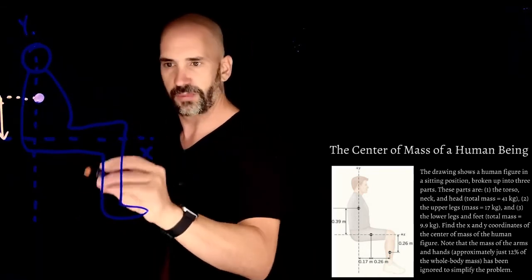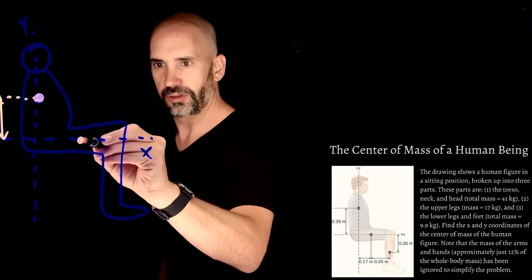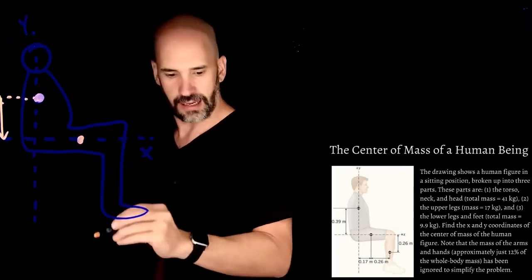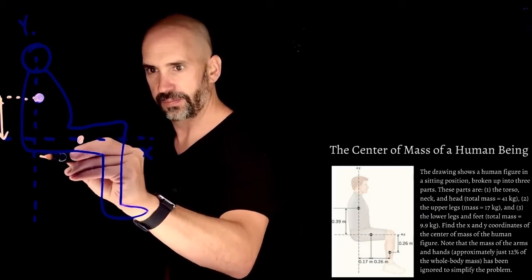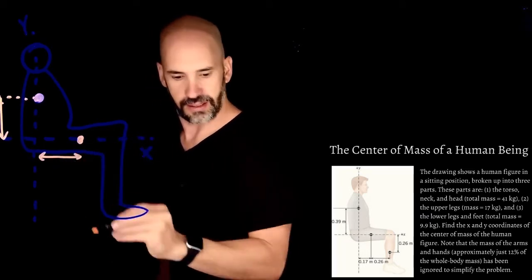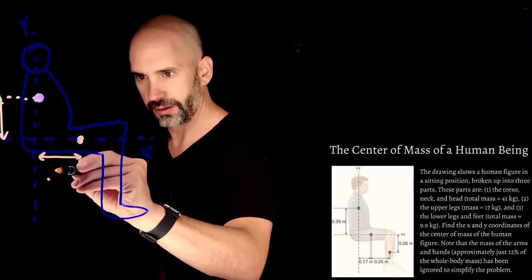Then we also have the center of mass of the upper leg. And we are saying that this distance here to that is 0.17.